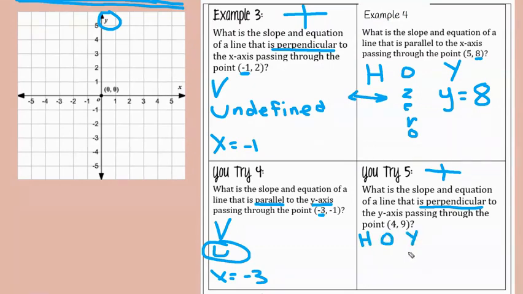H-O-Y. Horizontal. Straight across. Slope of 0. And y equals, so it's going to be y equals 9. And that's going to be our answers. These are our answers, guys. That's what we're doing.